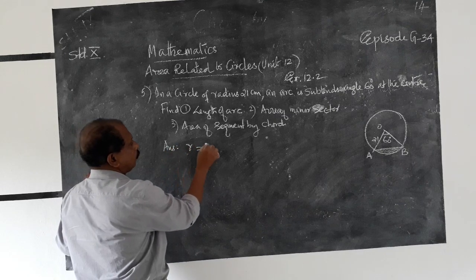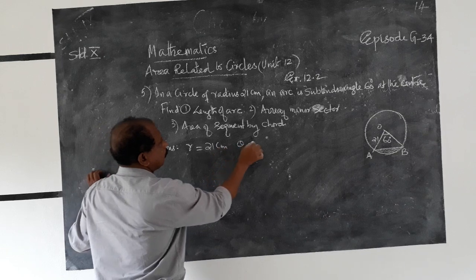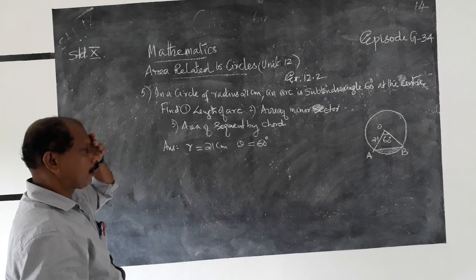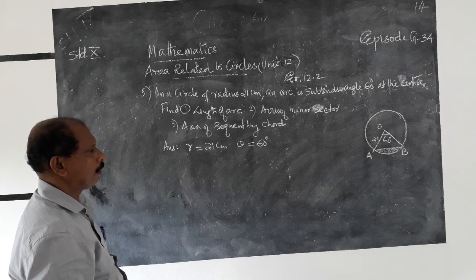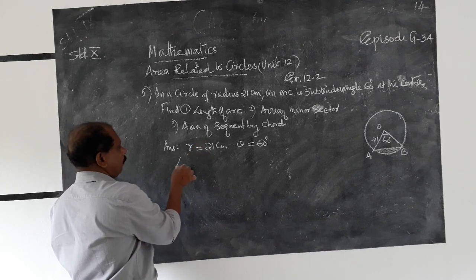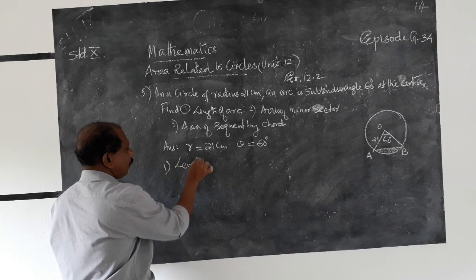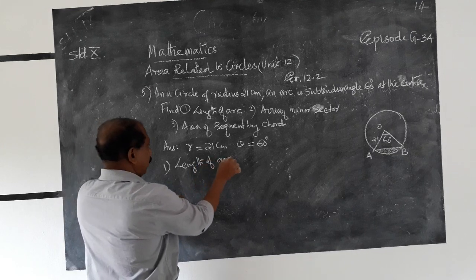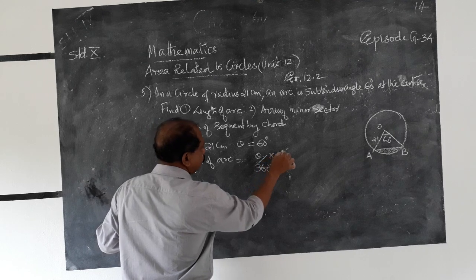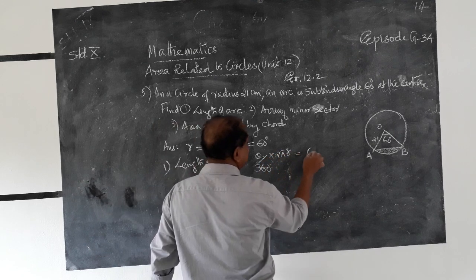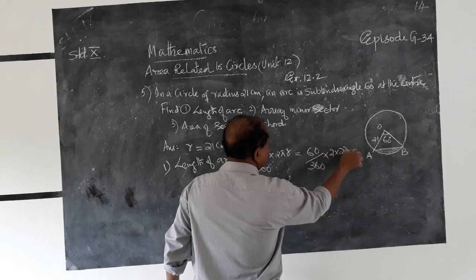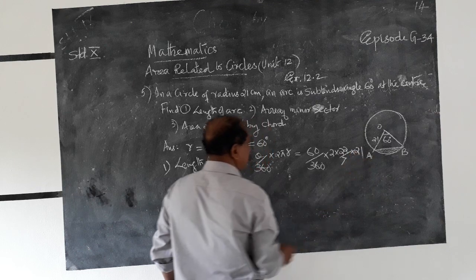Then R is equal to 21 centimeter, theta is equal to 60 degrees. Then length of arc is equal to theta by 360 into 2 pi r, is equal to 60 by 360 into 2 into 22 by 7 into 21.